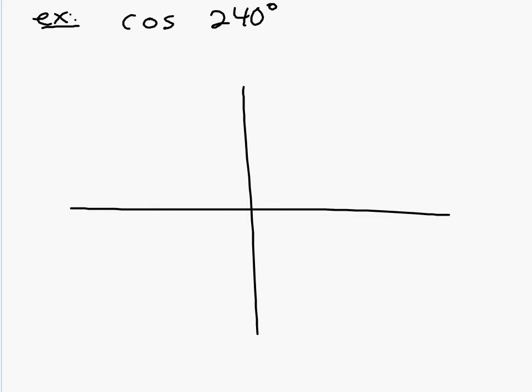We are in the third quadrant, down here. So if I'm in the third quadrant, how do I find the reference angle? It is the value minus 180, right? That's to find the reference angle. So it's 60 degrees.